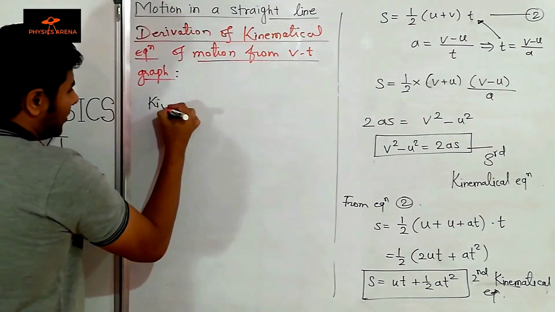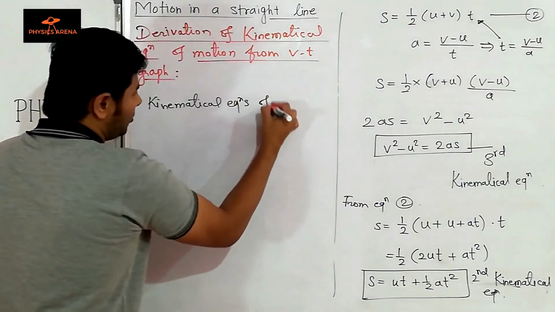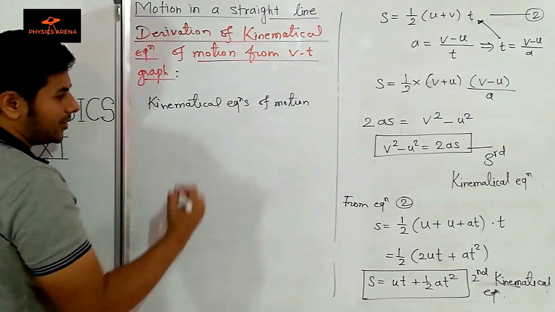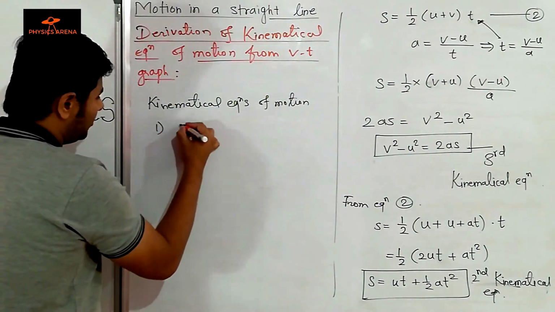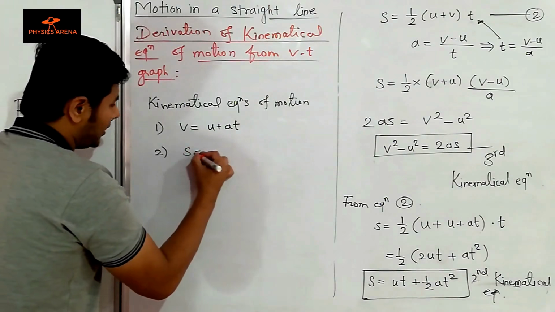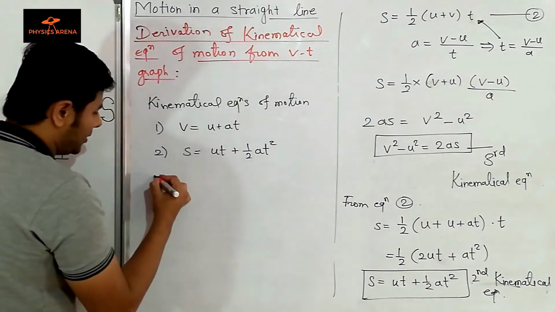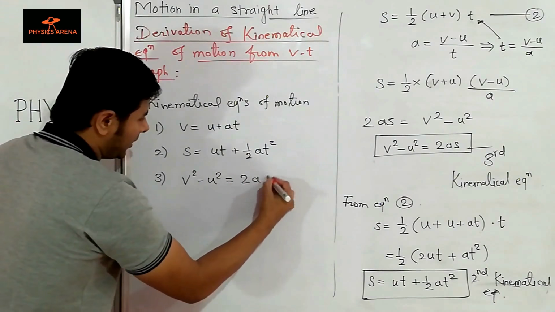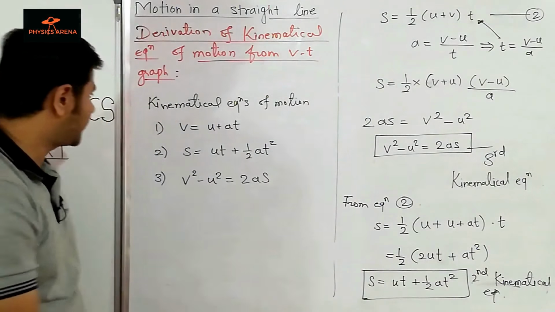Now we'll collect these kinematical equations and write them in one place. So the kinematical equations of motion are first, second and third. I will write them now in order. The first one is v equals u plus at. Second is s equals ut plus half at square, and the third equation is v square minus u square equals 2as, or you can write this as v square equals u square plus 2as.